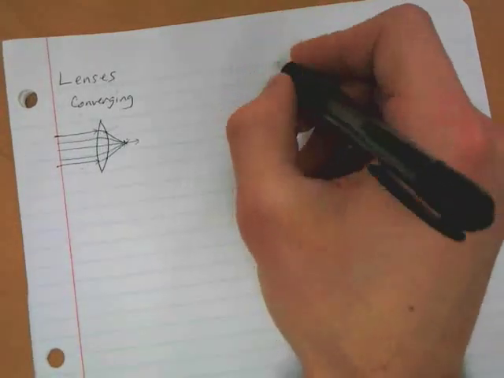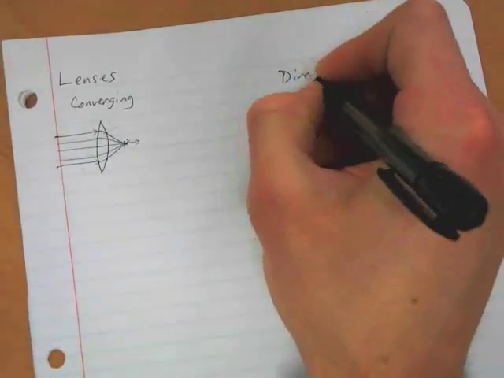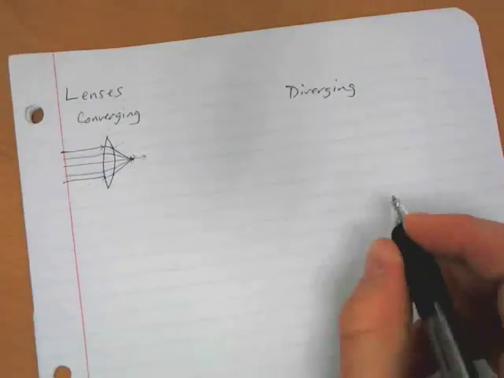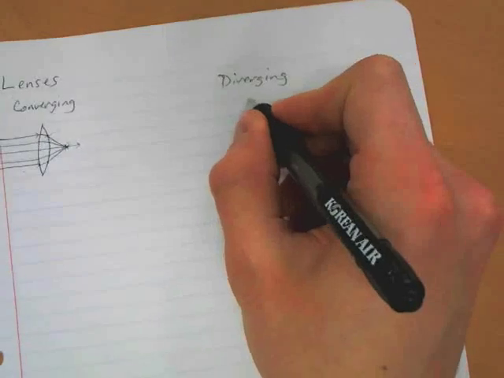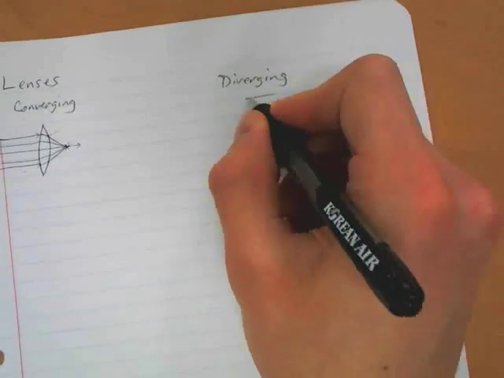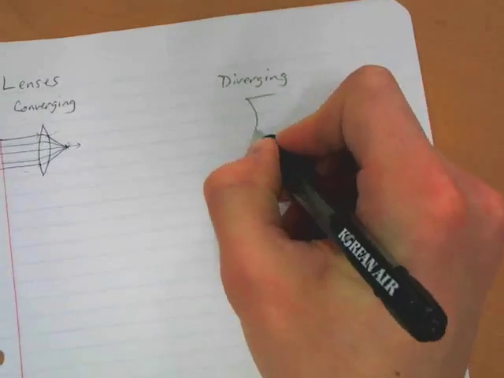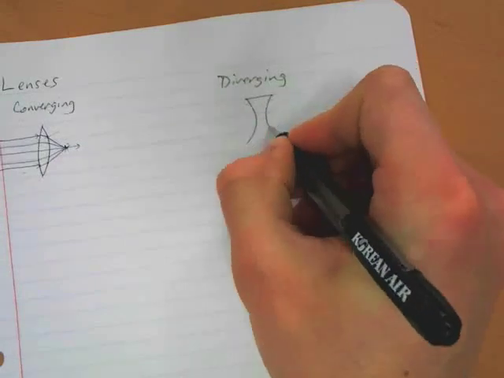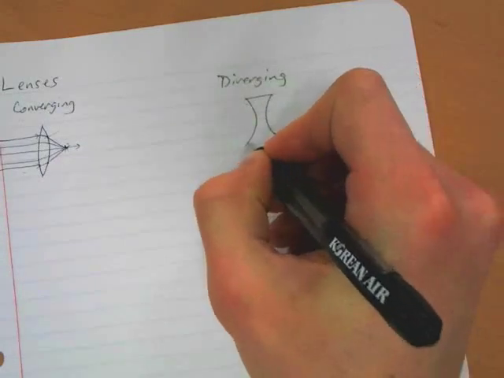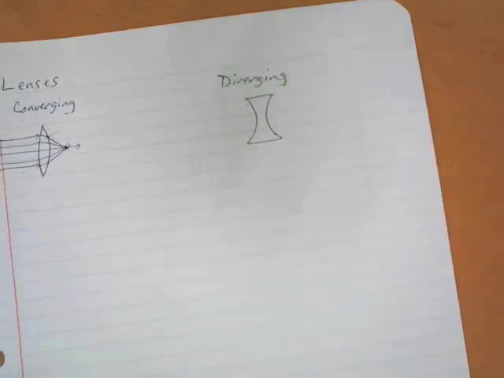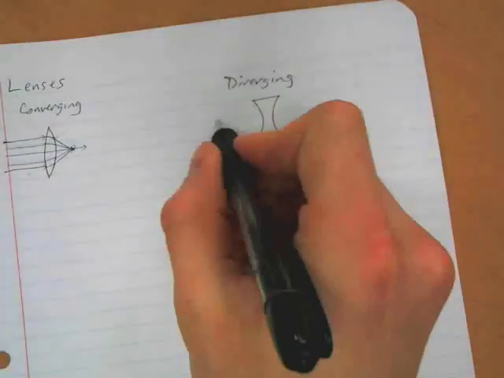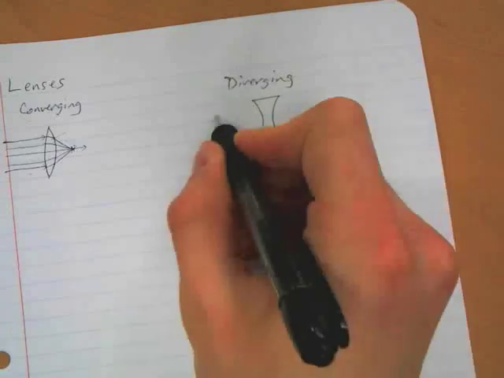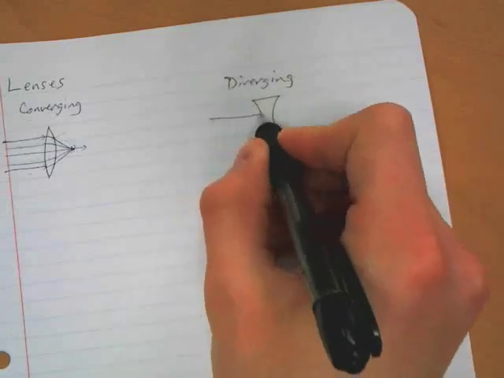A diverging lens, as you might guess, does just the opposite. Diverging lens, the most common example being a lens that has a doubly concave surface. It spreads the light rays apart. So you've got a light ray coming in, goes into the glass and bends toward the normal.